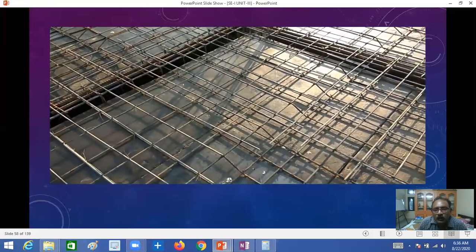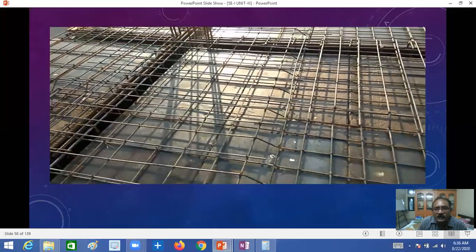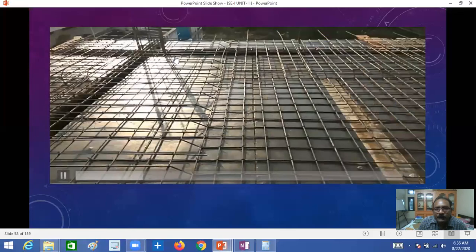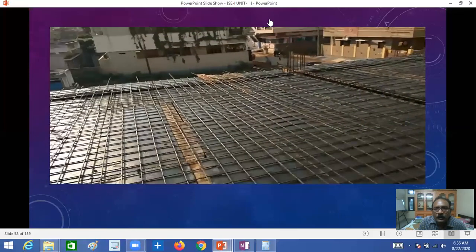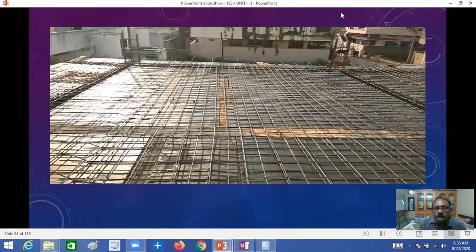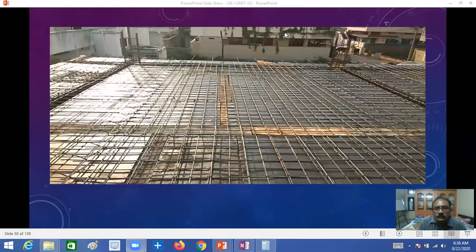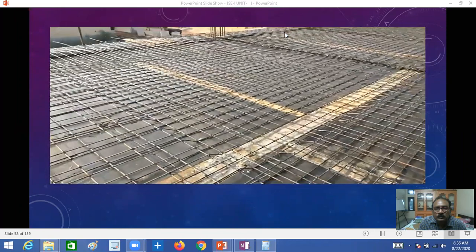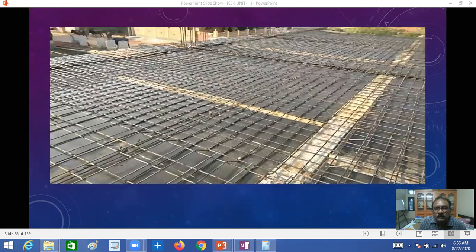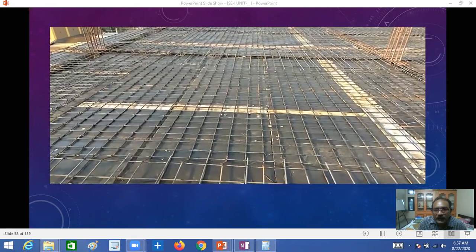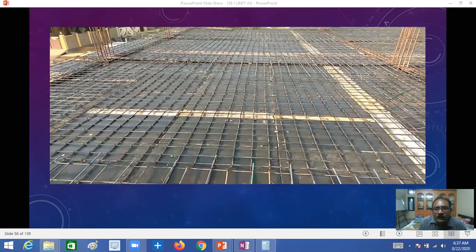See how the bending is constructed at the side. Here if you see this bending. See this side bending and this side bending.